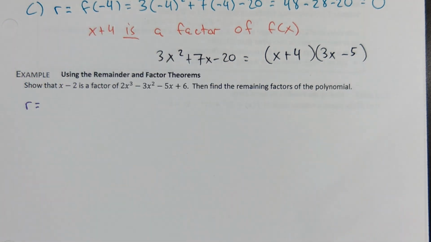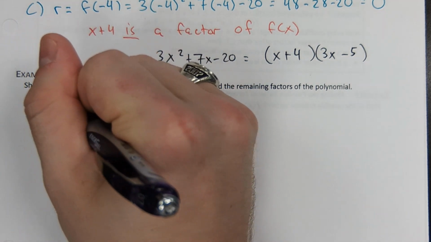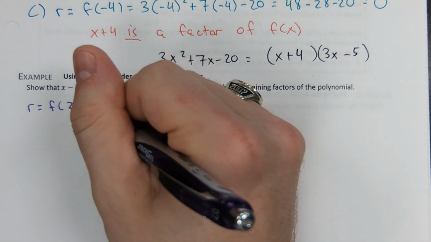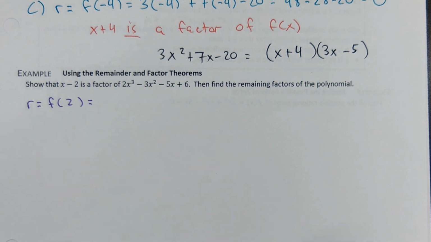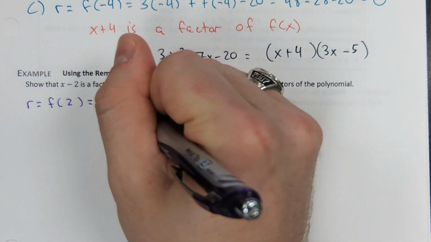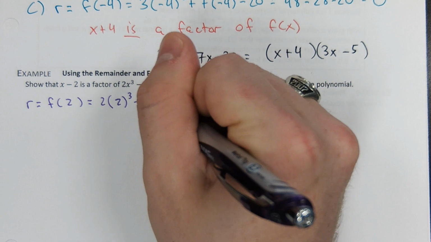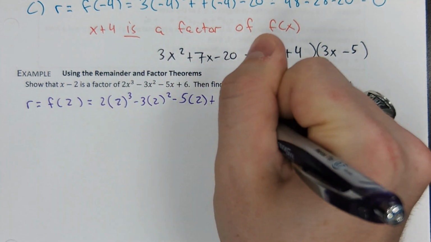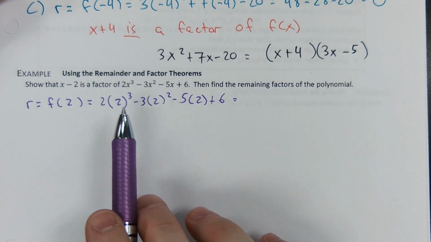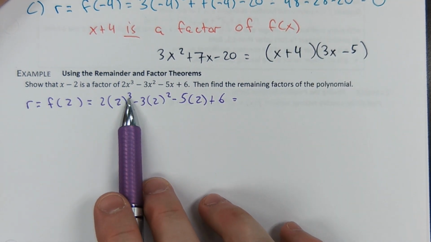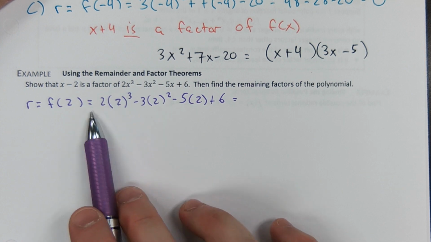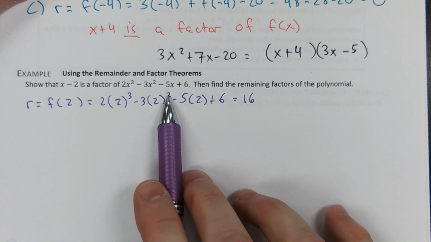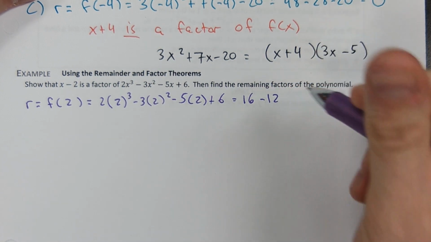So the remainder, had we evaluated our polynomial at the 0 of the divisor, which would be plugging in positive 2, had better be 0. Let's see. 2 cubed is 8, and 2 times 8 is 16. 2 squared is 4. 3 times 4 is 12. So I've got this minus 12.